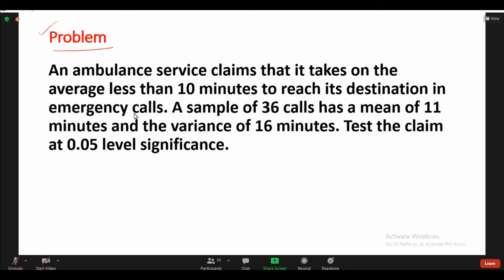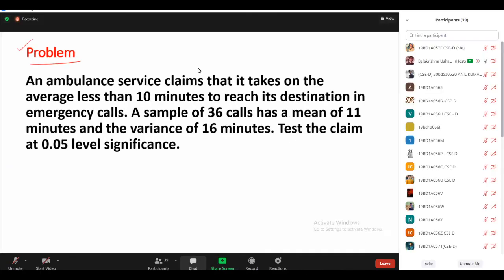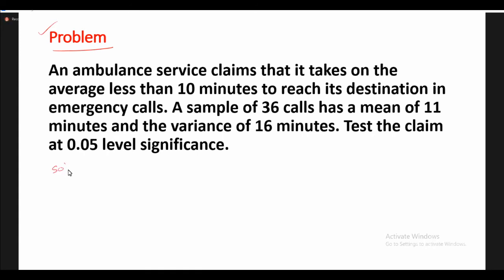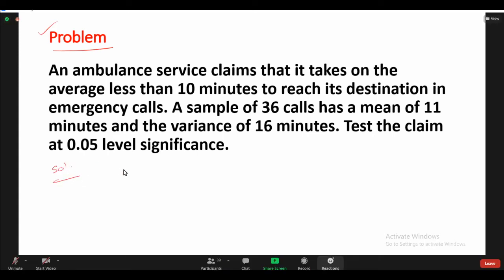Tell me, what is the given data? X bar, and small n. Small n is 36, right? Very good.